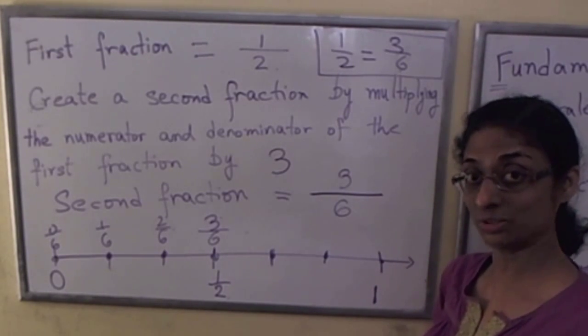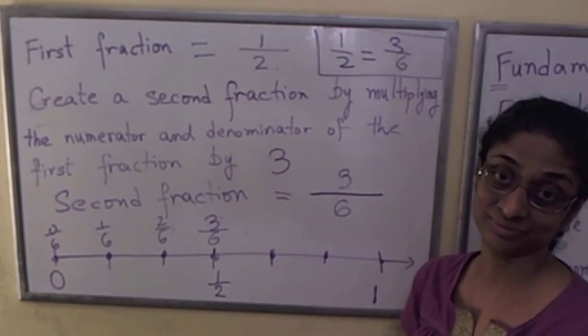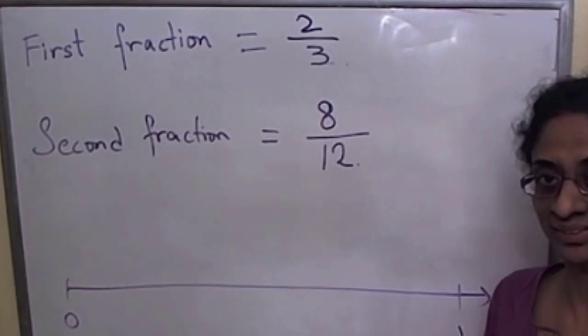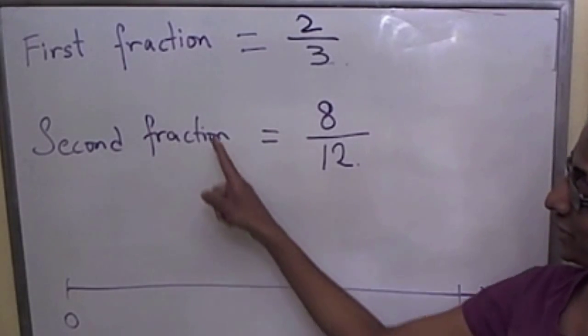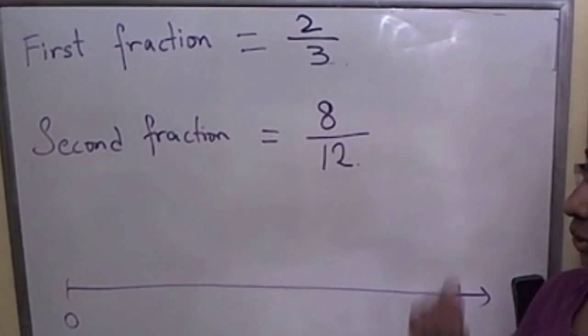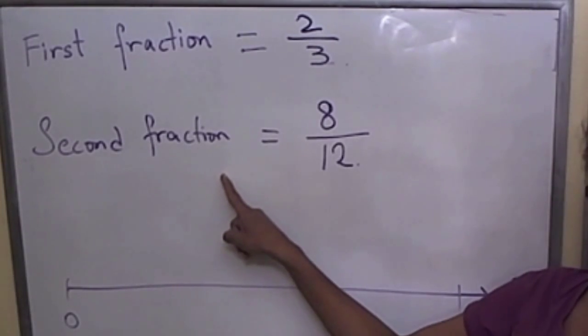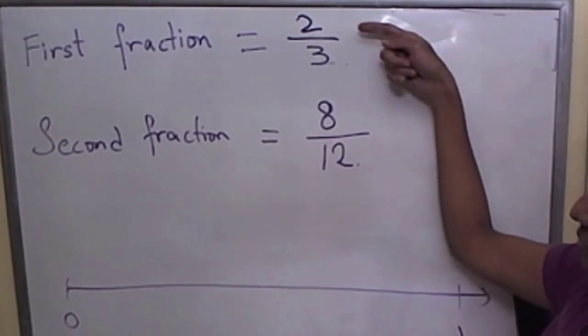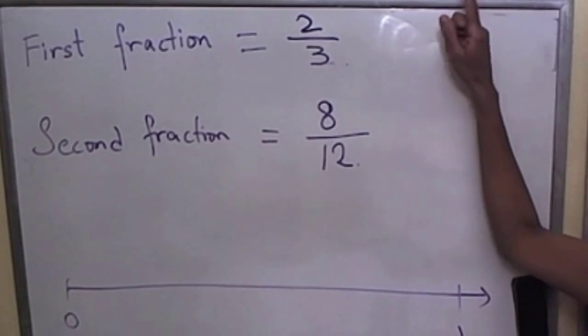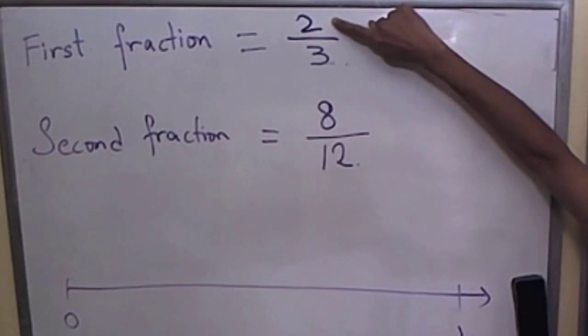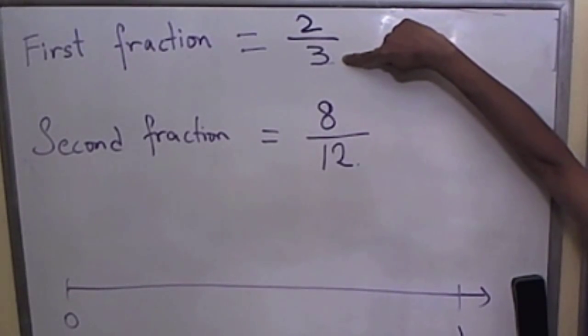Let's repeat this activity for a different fraction. Okay, this time I have my first fraction as 2 over 3. And can you guess how I created my second fraction? I took my first fraction and multiplied both the numerator and the denominator by the same whole number.